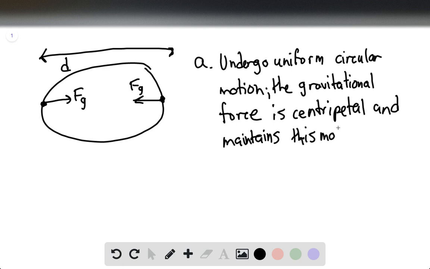So at this point, if the gravitational force is centripetal and maintains this motion, they're not going to crash into each other.